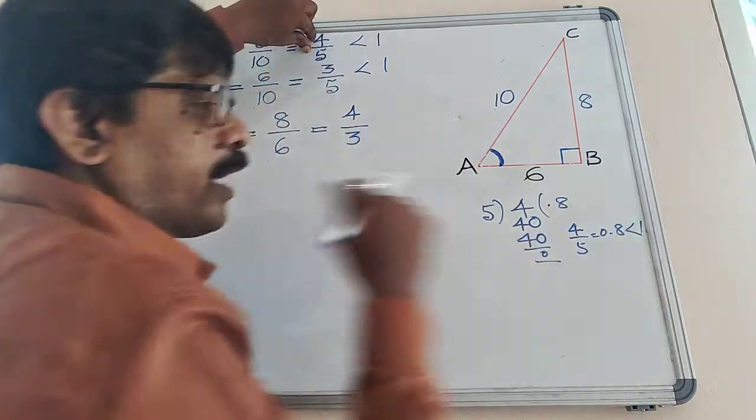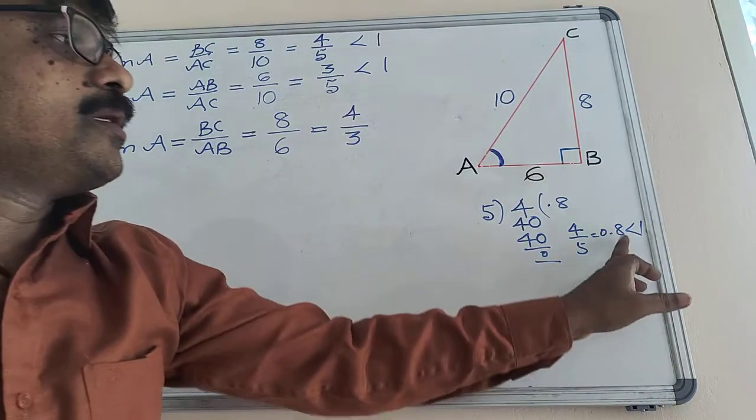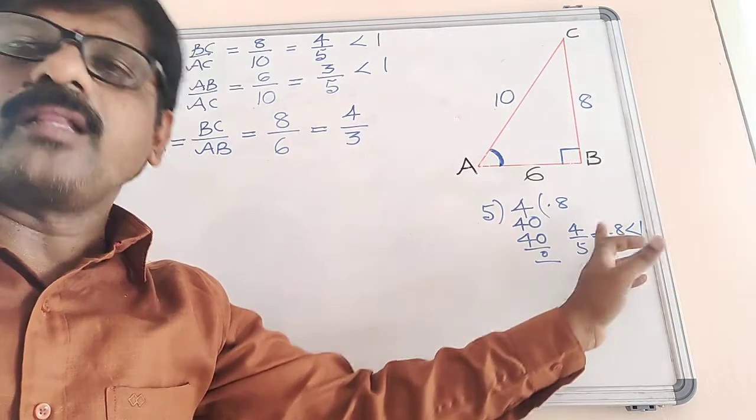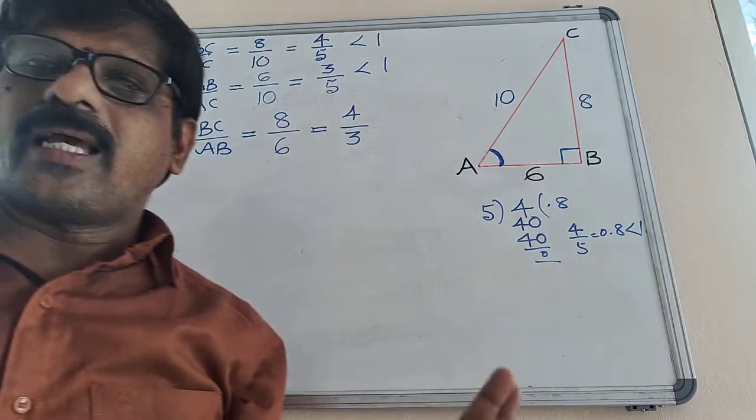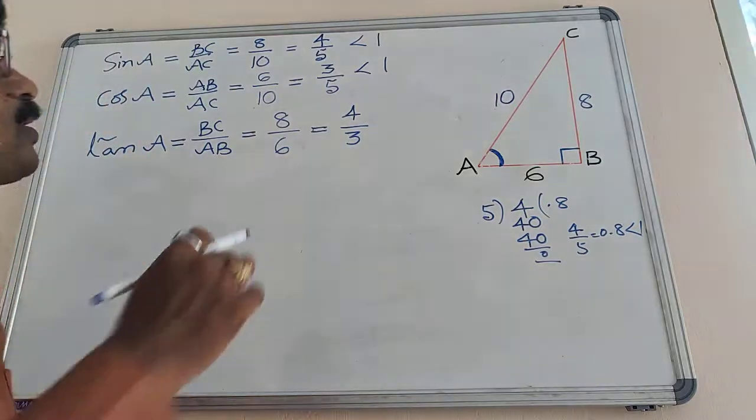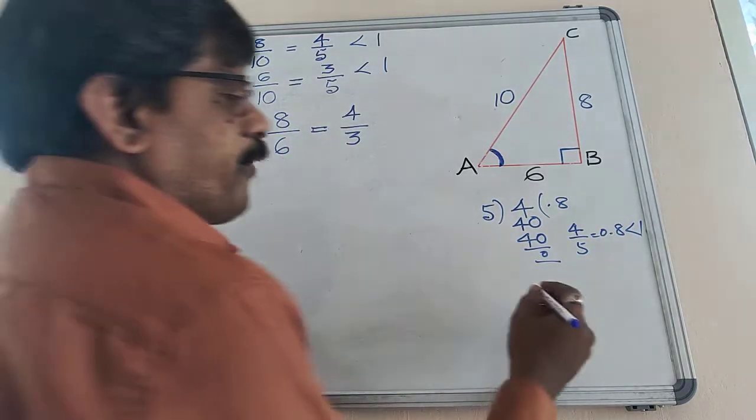That means less than 1. అంటే 0.8 అనేది 1 కంటే తక్కువ. కాబట్టి sin is always less than 1. Clear?